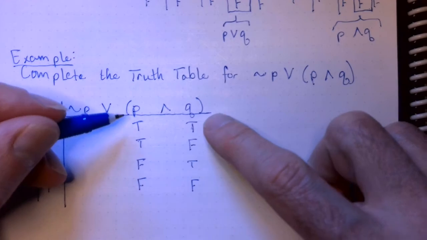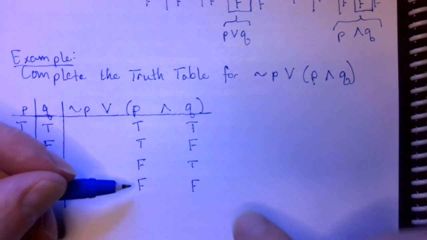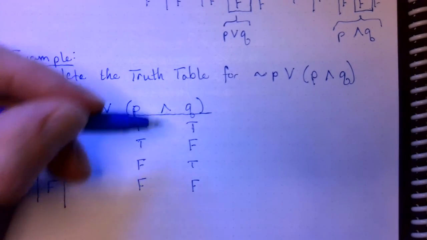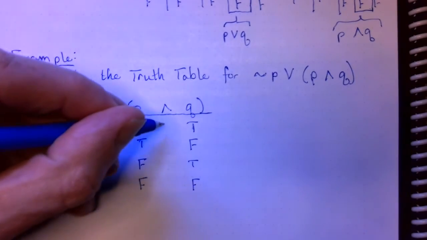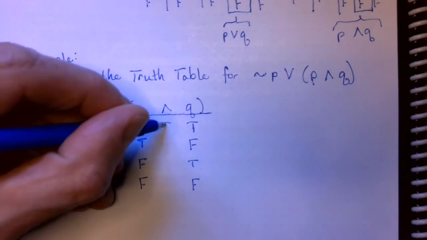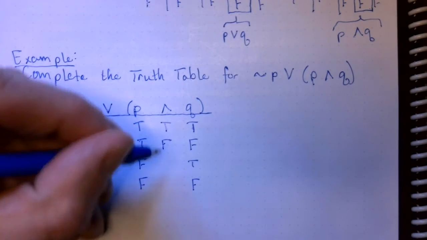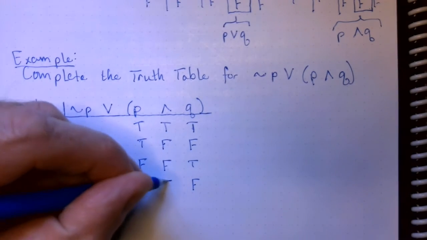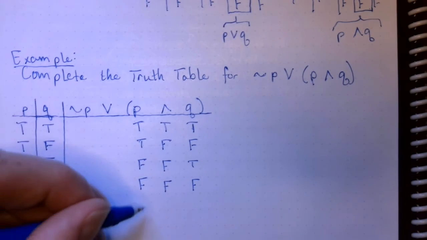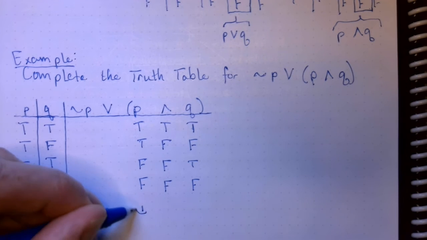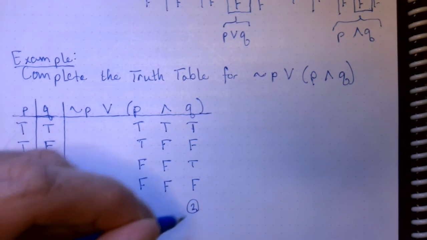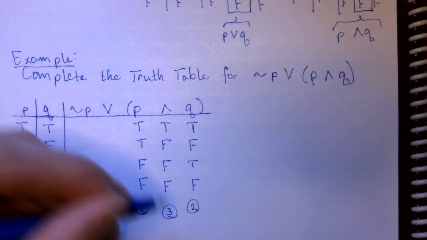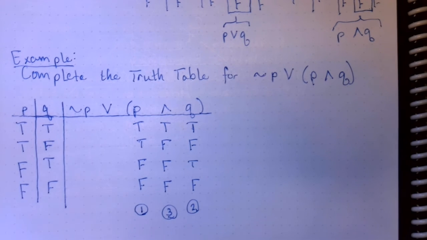Okay, so these are the truth values of the component statements P and Q, and now we want to see what the AND operator is going to do. All right, well, if it gets both trues, then true. Everything else is false. Okay, so we're filling out this column first, this column second, and then this column third.